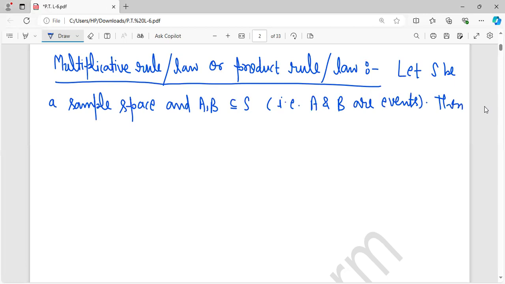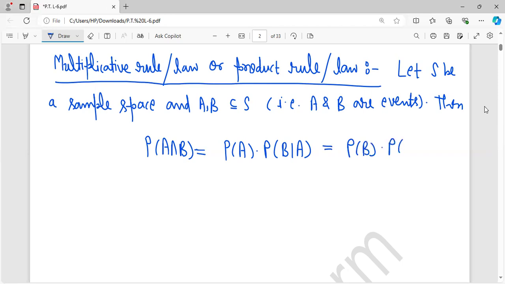Then probability of A intersection B is equal to probability of A into probability of B relative to A. Okay. That is equal to probability of B into probability of A relative to B. Okay. This is called the product rule.